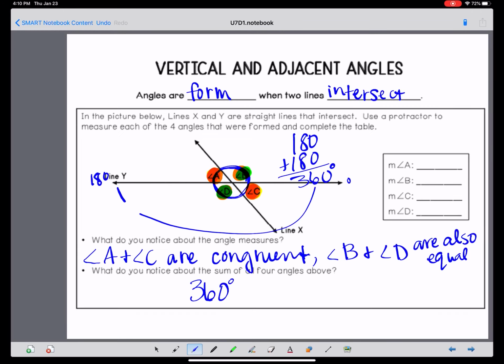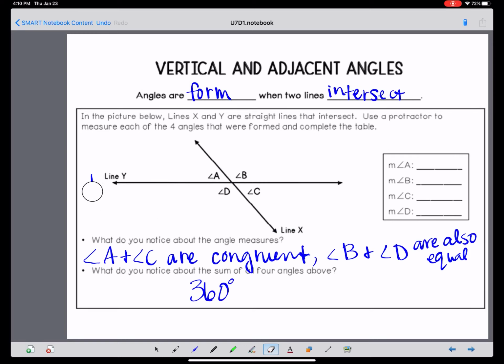I'm going to show you an example. These are also known as supplementary angles, so you might see some familiar things. If I had angle A and I wanted to find another angle that is directly next to it, I could say, oh, I notice angle B shares a side with it, and it also shares a vertex. These are supplementary angles.